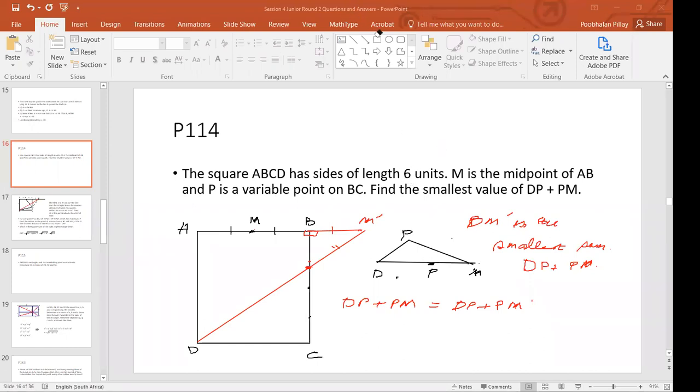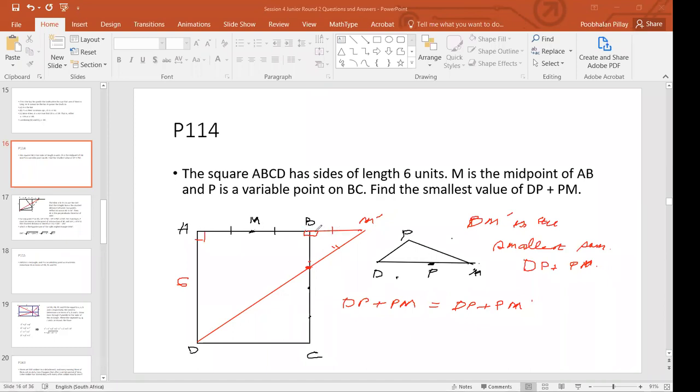Now we go to what is given. We were told that the sides of the square are 6. So can we calculate dm prime? Well, you can see it's going to be the hypotenuse of a right angle triangle. We know this side here is 6 because the square has got side 6. And this is 6 here.